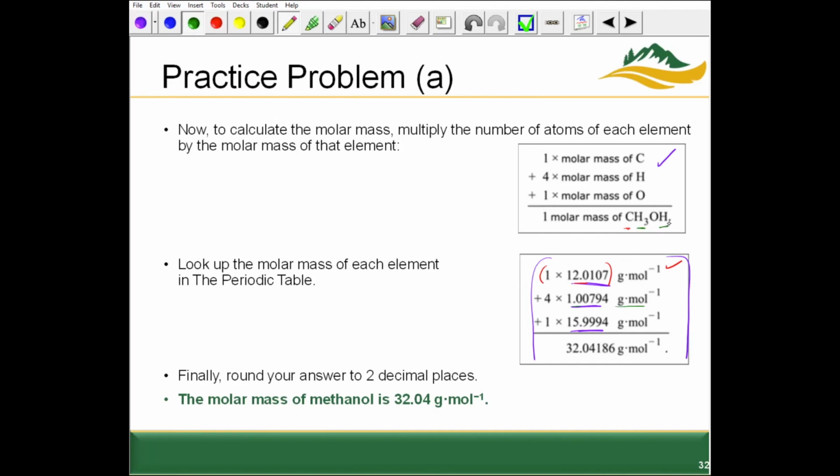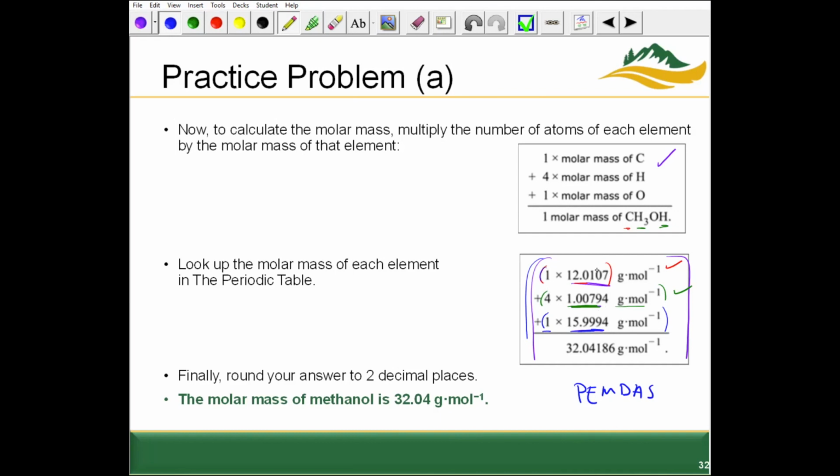There are 4 total, so we need to multiply this atomic mass by 4. That will account for all the hydrogen. Next, oxygen, we've seen this a few times. It's about 16 AMU or about 16 grams per mole. There's 1 present, so we would multiply 1 times 16 and then sum all of these together.